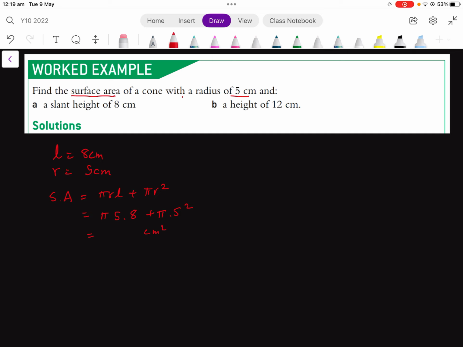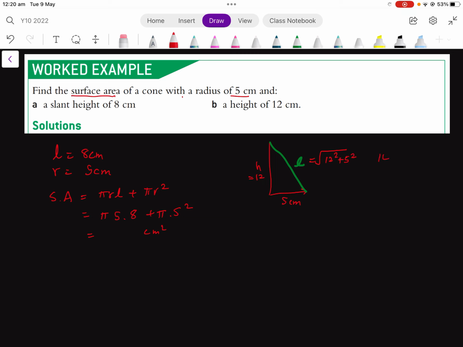All right, second one, the height of 12. So if I have a height of 12 and the radius is given to me as 5, I need to find the slant height, which is L, which will be root of 12 square plus 5 square, correct?